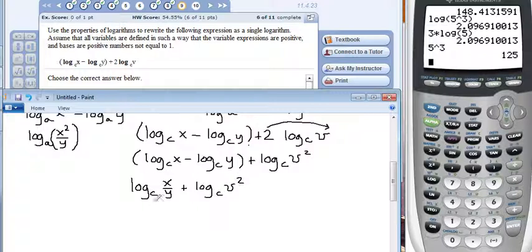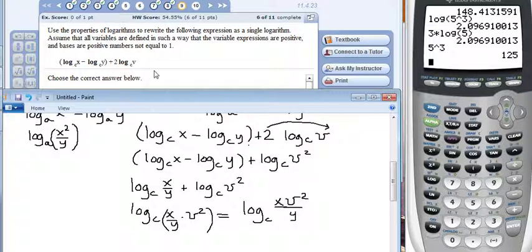Is this okay so far? I've got this divided by that. Now I've got plus, so that means it's multiplication. So I've got x over y times v squared. If I want to clean this up just a little bit, it's x v squared over y.